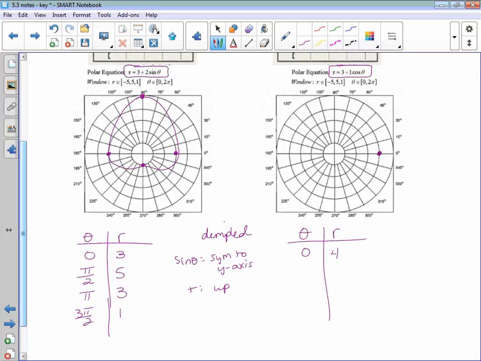If I plug pi over 2 in, what do I get? 3. If I plug pi in, 2. 3 pi over 2, 3. And then you can stop there if you want.